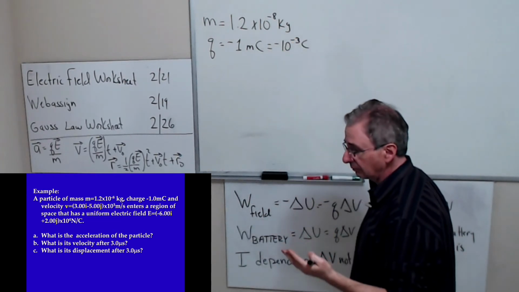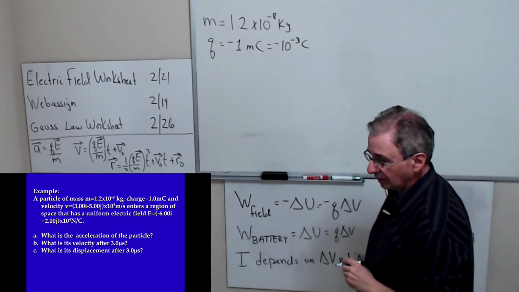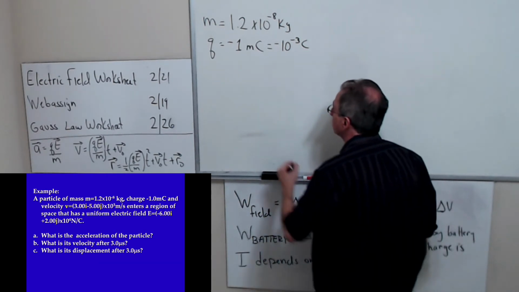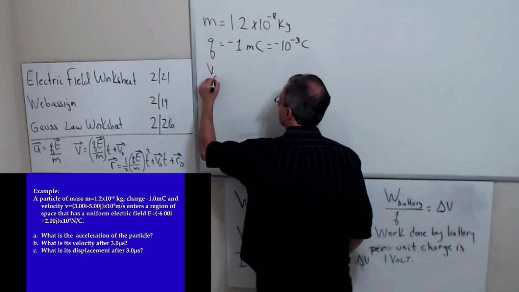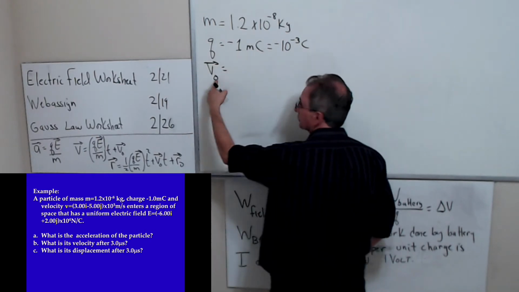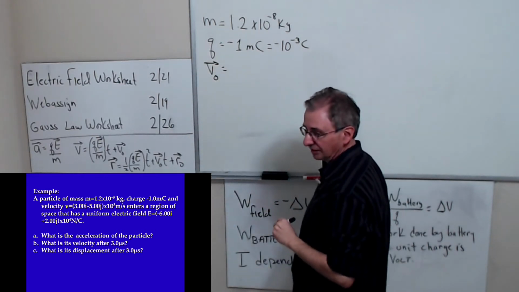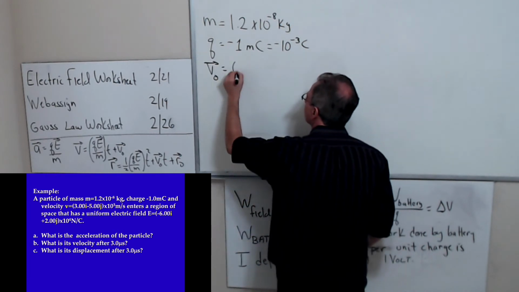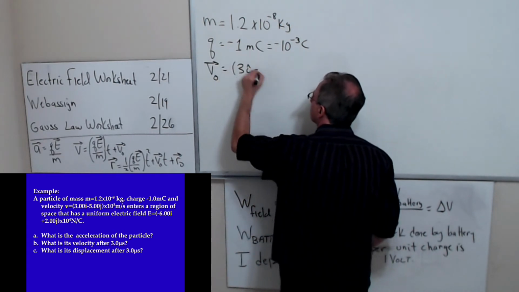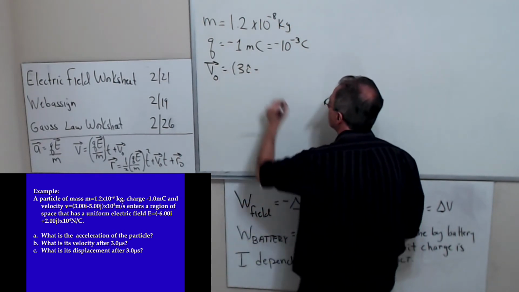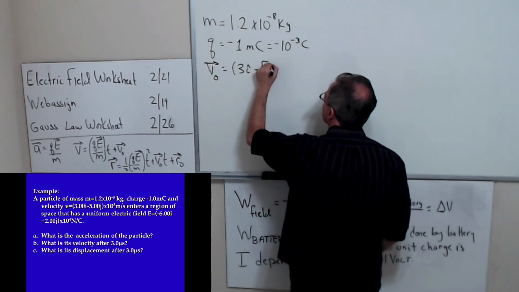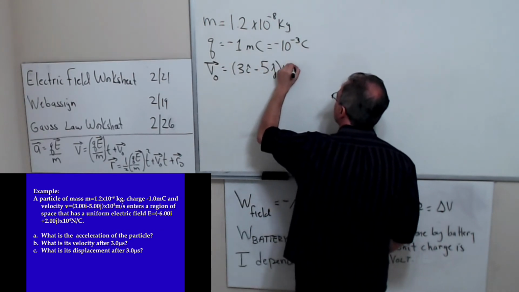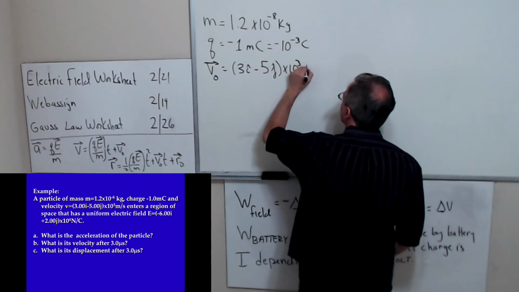You have a homework problem similar to this, and you're given this initial velocity. You can use v naught or vi, whatever makes you happy, as 3i minus 5j, and I know I'm not being careful with the sig figs, times 10 to the third meters per second.